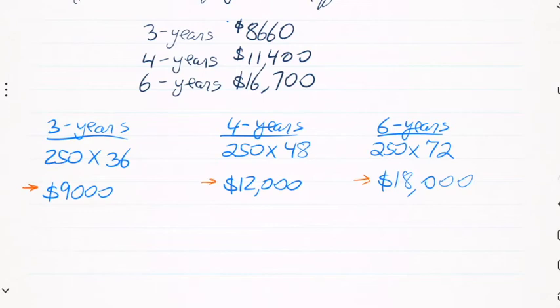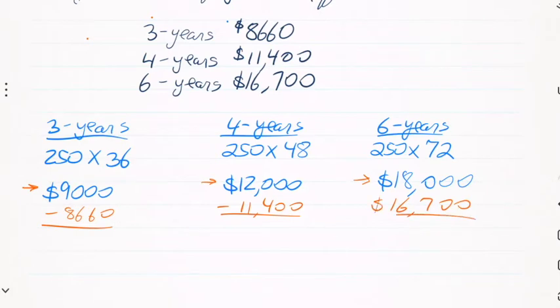But the amount we borrowed was $8,660 approximately. Here it was $11,400, and here it was $16,700. So for the first one, that's $340 of interest.